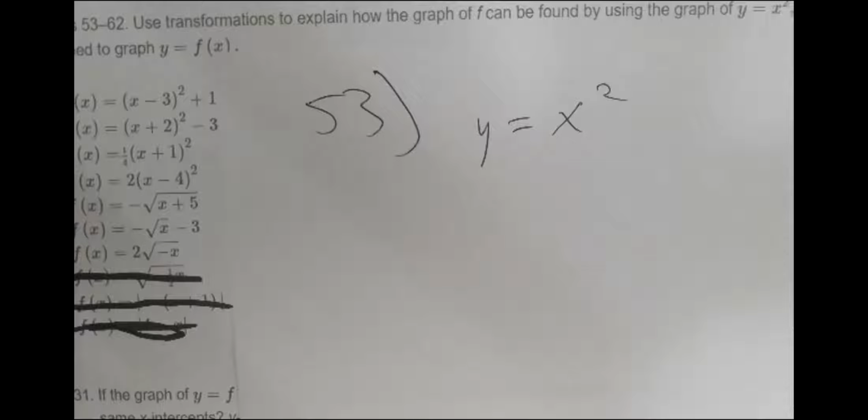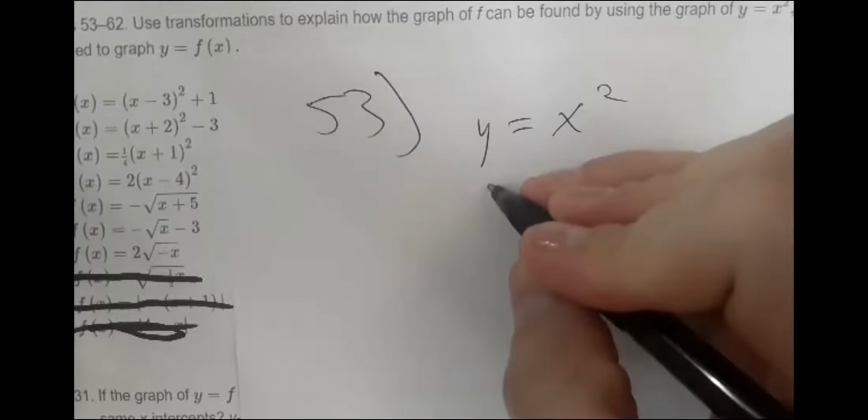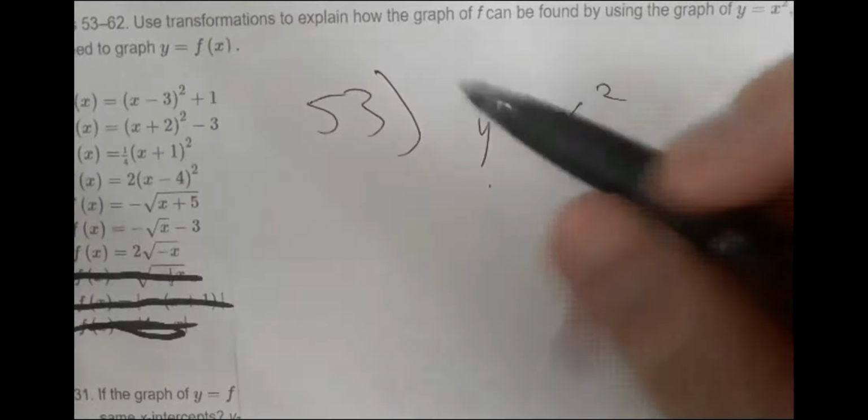And that -3, I think what you were saying is the first thing that you're going to do to transform this, right? So what does that -3 do to transform this? Moves it to the left 3 units. Be careful now. This is a minus.